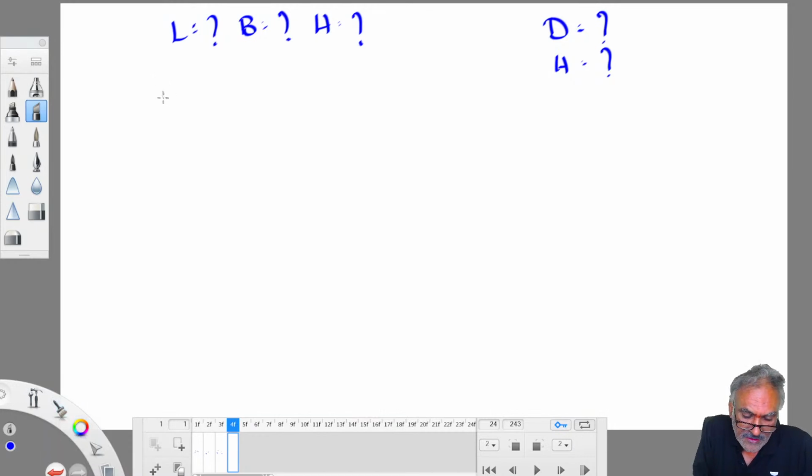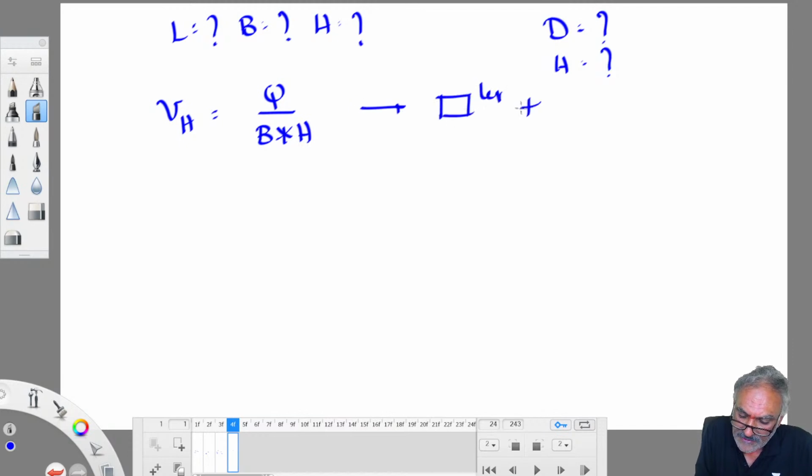In addition to that, we also discussed flow velocity or flow-through velocity, which is equal to Q by B into H for rectangular tanks. Normally rectangular tanks are popular.